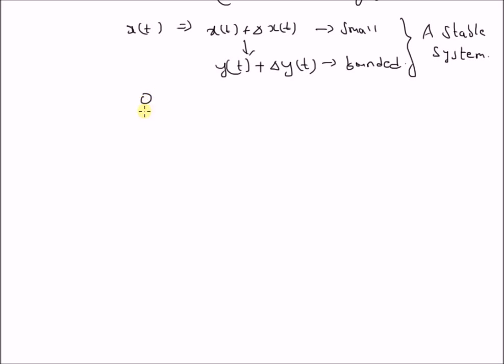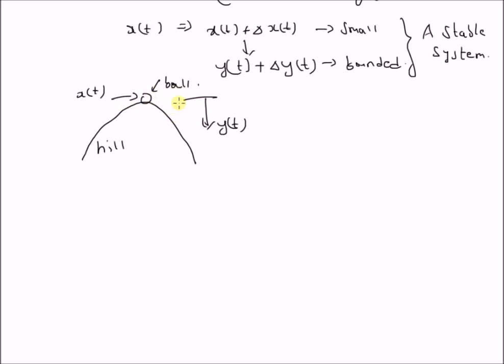Consider a ball that is located on the top of a steep hill. That is, we have a hill and a ball. Consider the input to be x of t, which is an acceleration in the horizontal direction, and the output to be y of t, which is the depth, that is the distance in vertical direction.